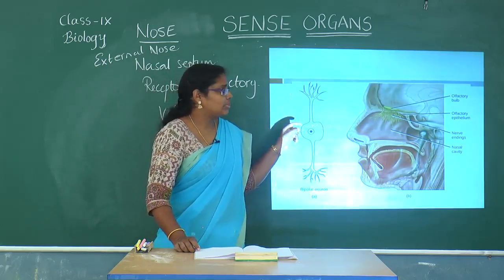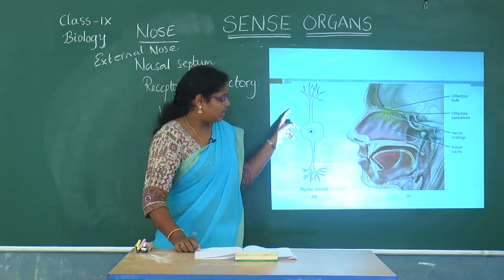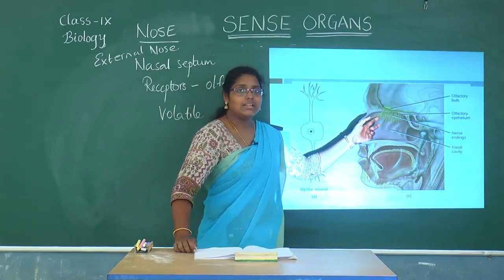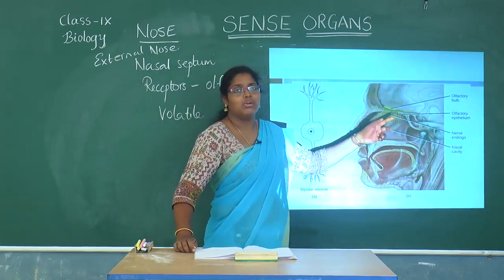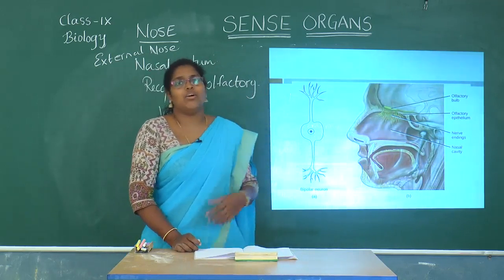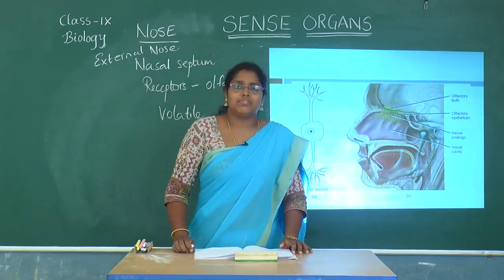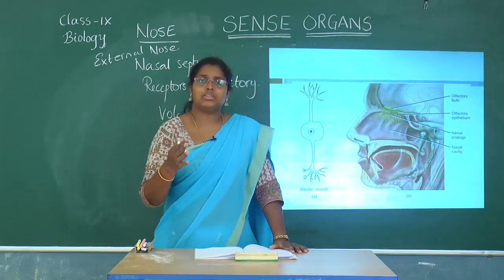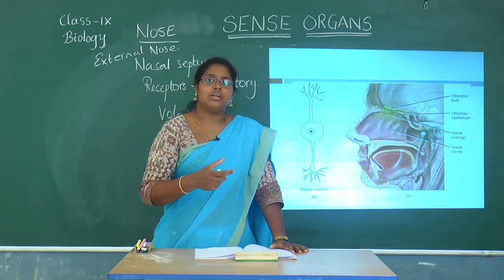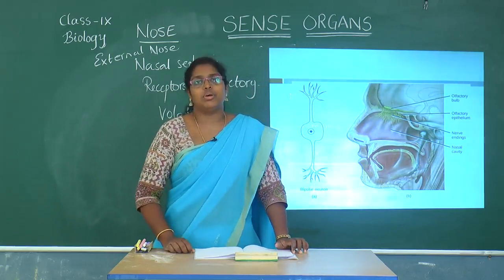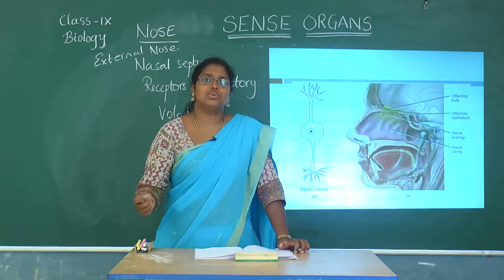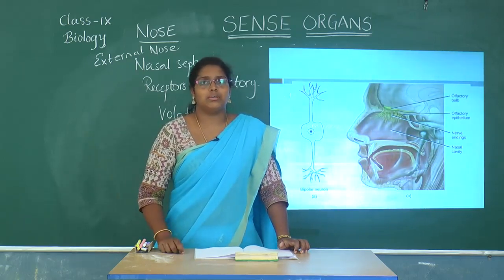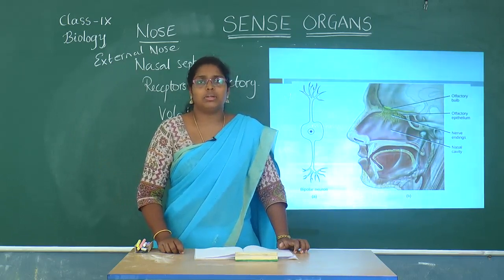Only the nerves present in the nose have direct contact with the external environment. Normally in the eye or in the ear, the sensory cells, the receptors, convert photo impulses or chemical impulses to electrical impulses, and these are carried by the nerve terminals.